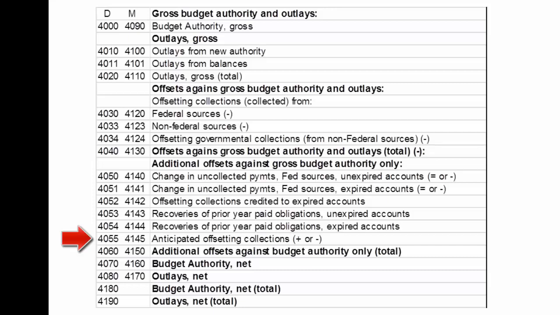Finally, all these adjustments are reflected in the calculation of net amounts for budget authority and outlays, segregated by discretionary and mandatory, as well as totaled on lines 4180 and 4190. Those of you that work on Max A11 data entry should recognize these lines from the program and financing schedule.